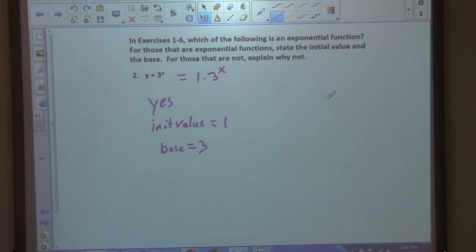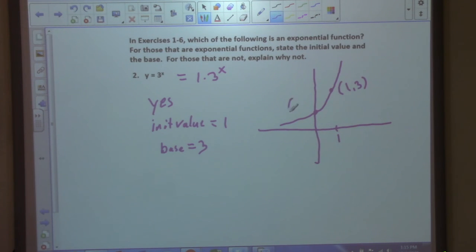Okay, and what this looks like when you graph a function like this is your initial value is right here, and it is really the y-intercept. And so you go ahead and the graph will look like this, and where x equals 1, we're going to have y equal to 3. So this is the point 1 comma 3.